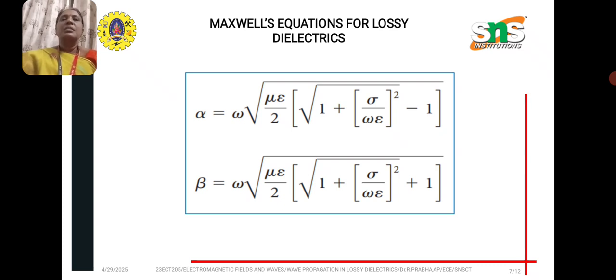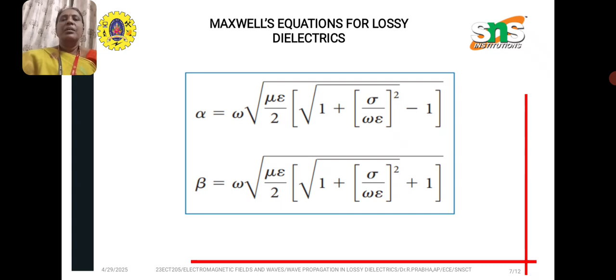Now the attenuation constant alpha for a lossy dielectric is derived, and it is omega, the angular frequency, multiplied by the square root of mu epsilon by 2, again multiplied by the square root of 1 plus (sigma by omega epsilon) the whole squared, minus 1.